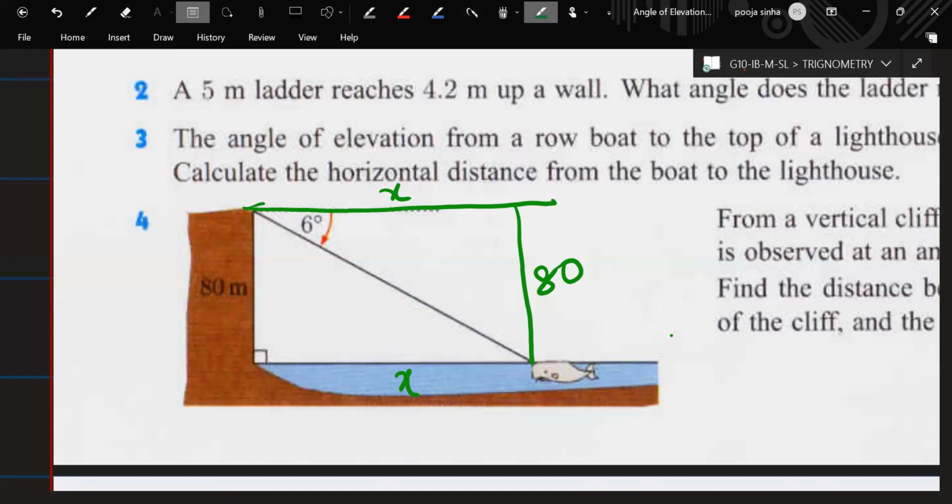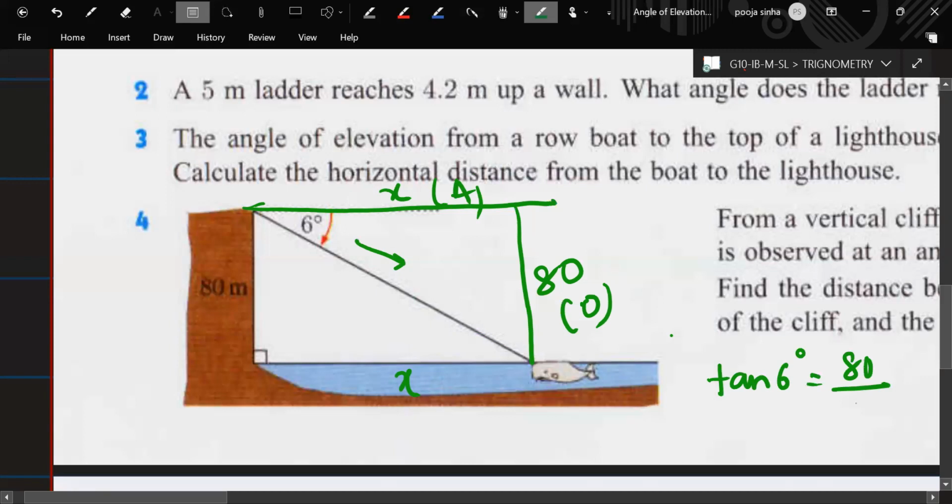It's 80 upon tan 6. This is the opposite and this is the adjacent, right? So you said tan 6 degrees, TOA, is opposite, that is 80 upon X. So X is equal to 80 upon tan 6 degrees.